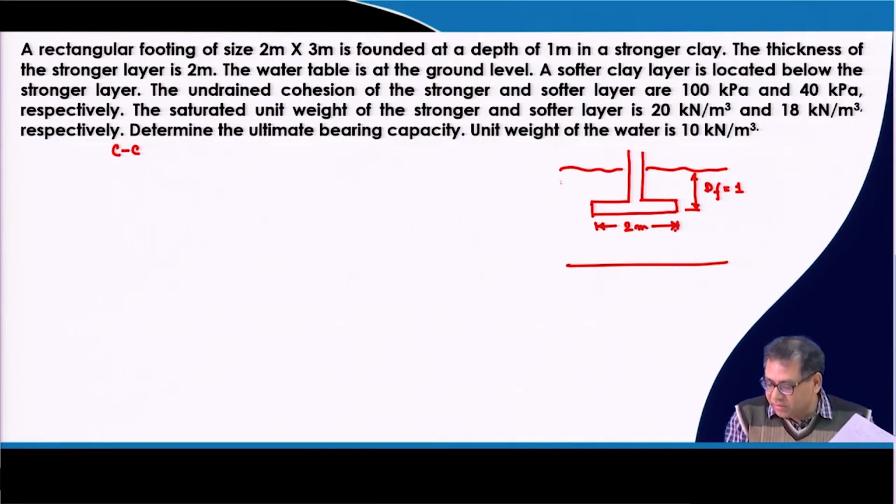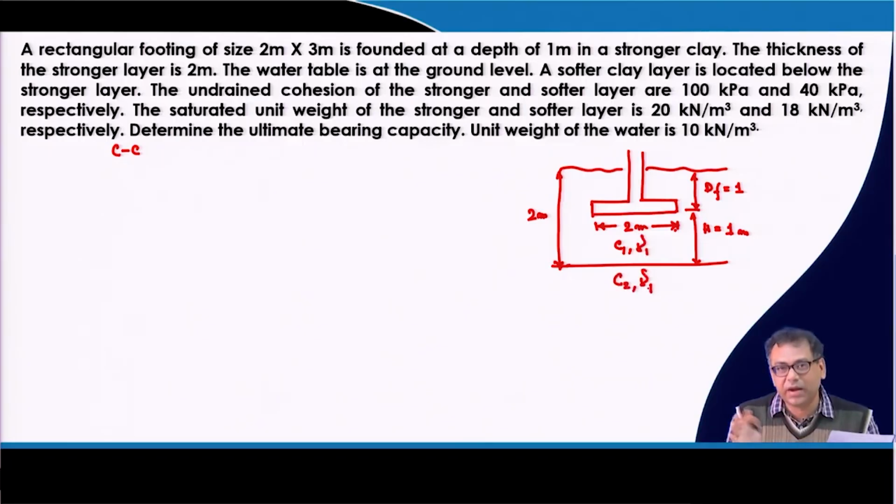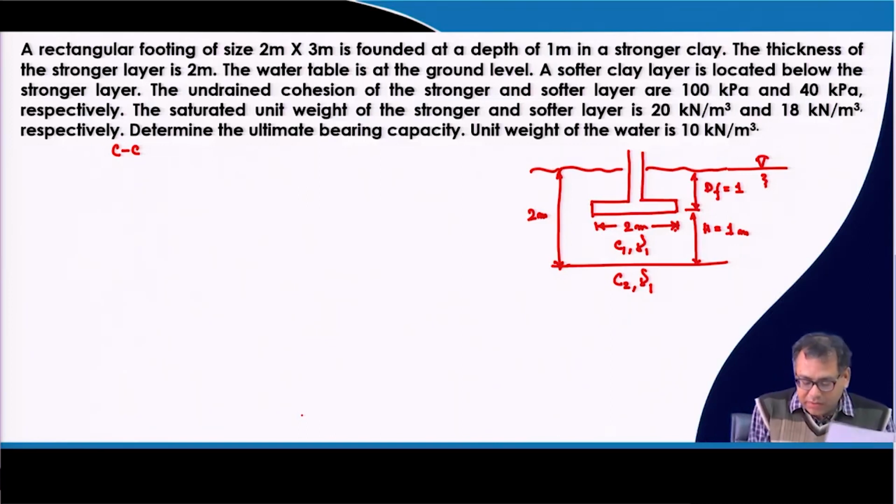That means this is my stronger layer whose thickness is 2 meter, so my H value will be 1 meter, the thickness of the stronger layer below the foundation. There is a weaker layer at the bottom. So this is C1 and gamma 1, this is C2 and gamma 2, because phi 1 and phi 2 both are 0, and the water table is considered at the ground.